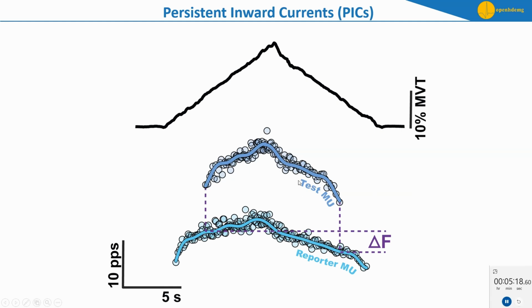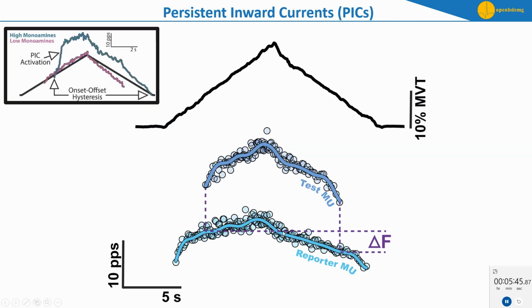This metric is based on the premise that this lower threshold reporter motor unit is an effective proxy for the net excitatory synaptic input to the test motor unit, such that if you take the difference from when it turns on to when it turns off, this change in frequency, or delta F, roughly approximates the additional current that those PIC channels are supplying to that motor neuron.